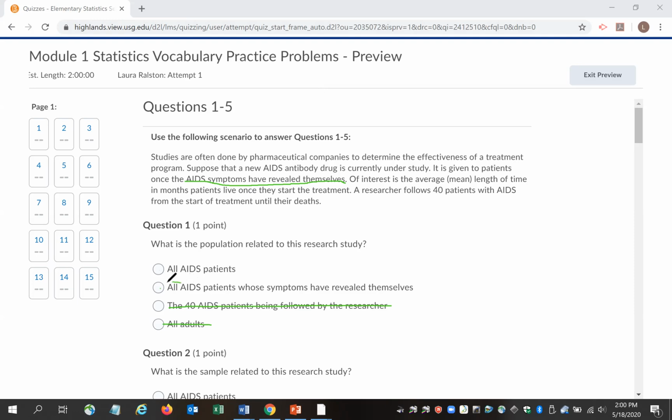So my answer is really going to be all AIDS patients whose symptoms have revealed themselves. But again, guys, it's not explicitly stated. It doesn't literally say the population is. You have to read carefully and even read between the lines.